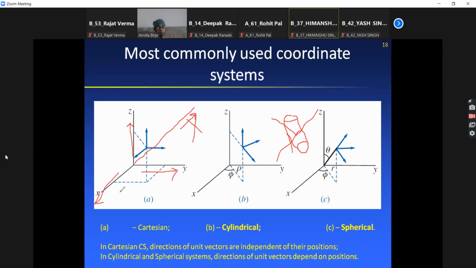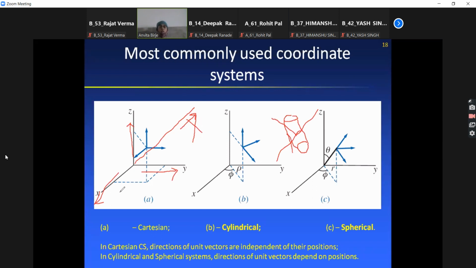In case of cylindrical, it will always be in the direction of increasing value of r, increasing value of phi, increasing value of z. a bar r, a bar phi or a bar z never goes in the minus direction. Okay, that is common to all the coordinate systems.